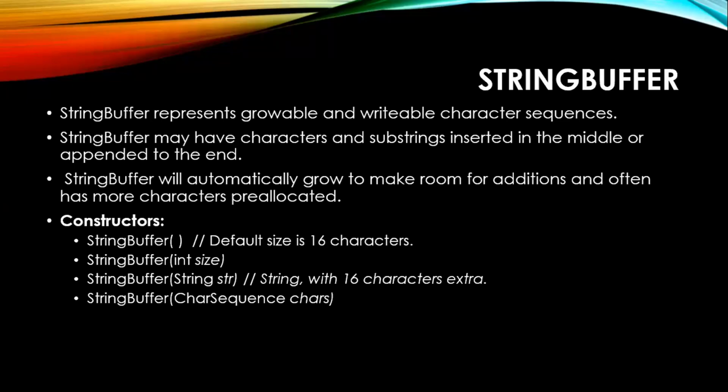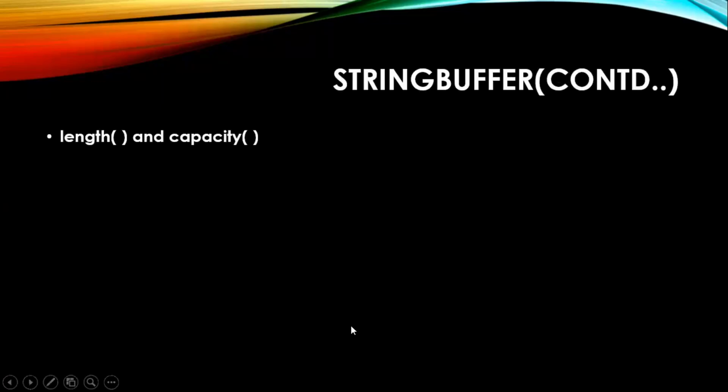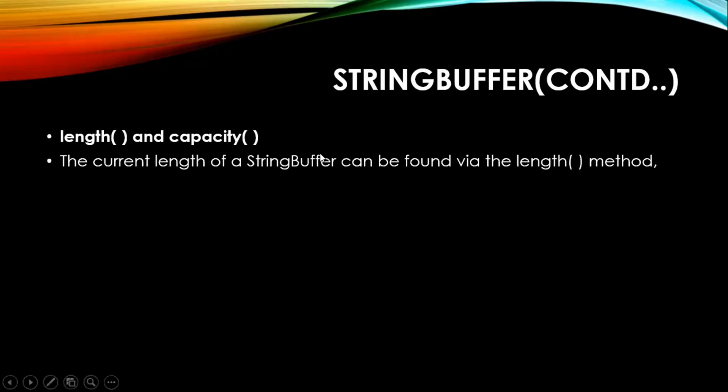Clear? So which is the next slide, if you remember? We need to discuss length and capacity. We clearly said that length is the number of characters and capacity is the maximum number of characters that a string buffer can allocate. This is what we said in the last class. So let us cross check those things.